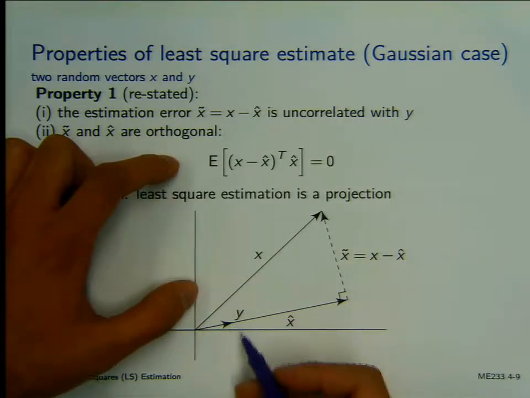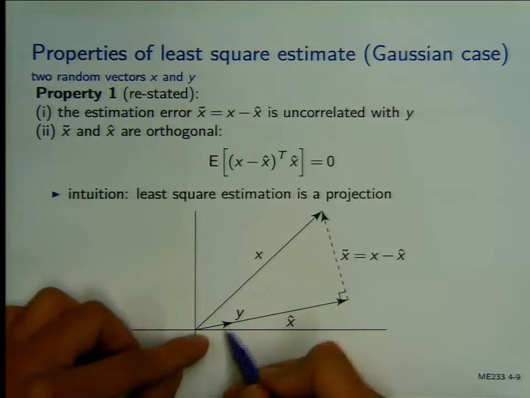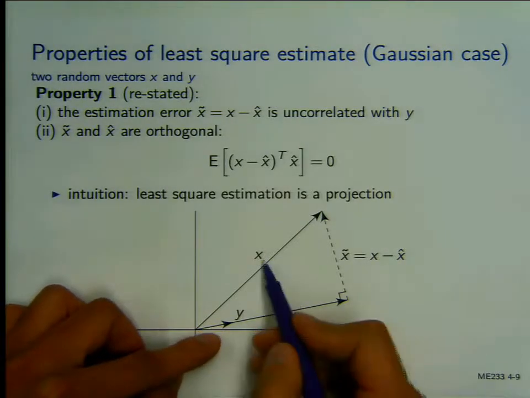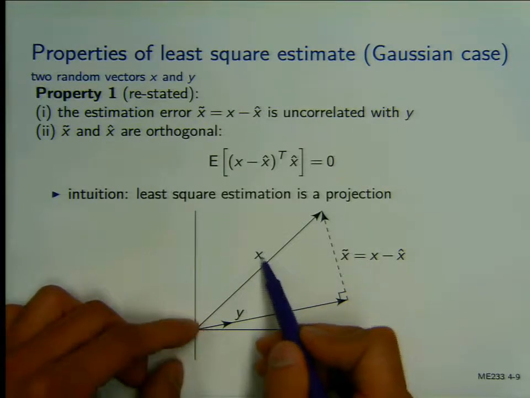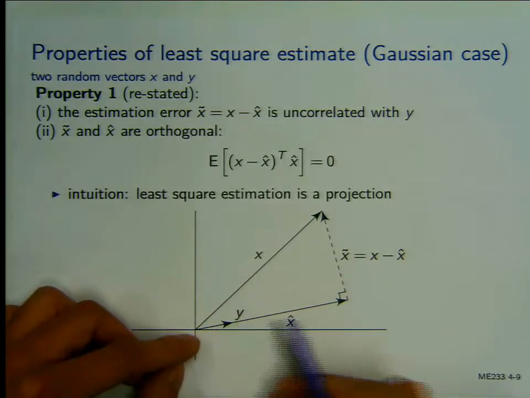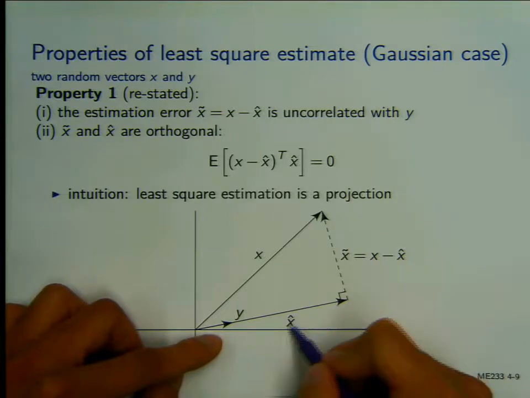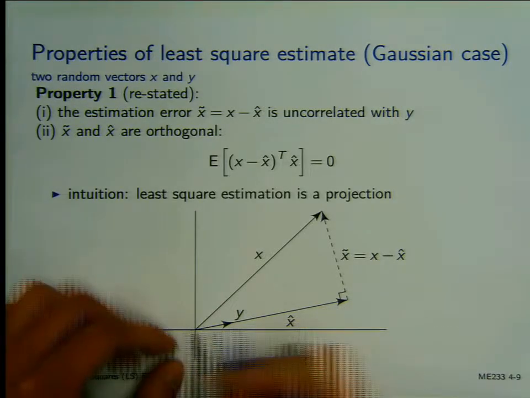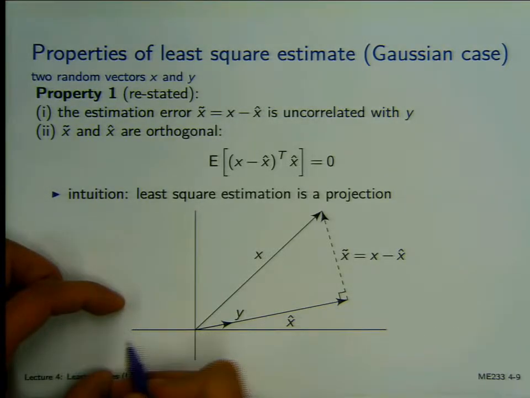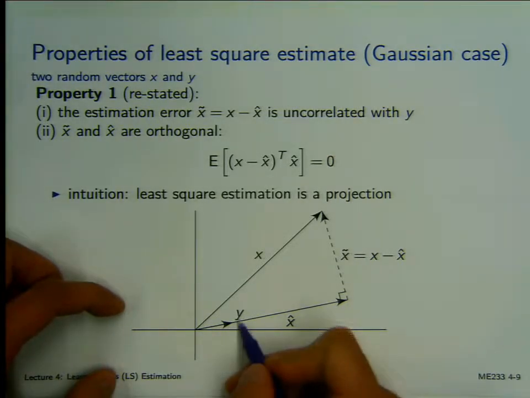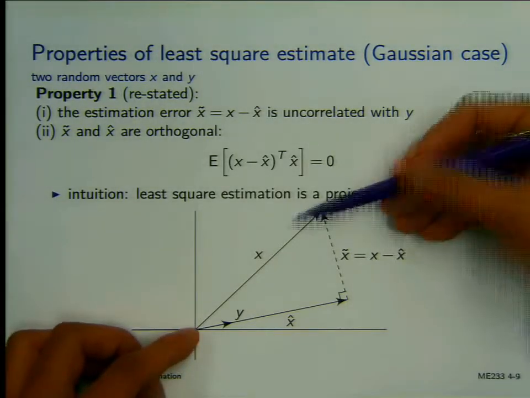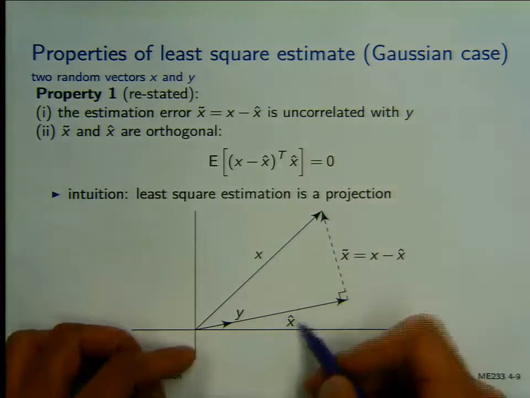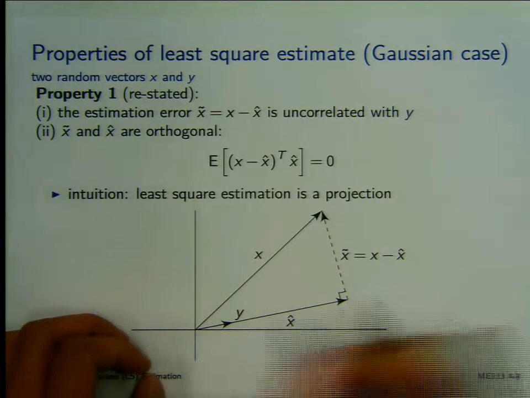Keep in mind that we have a measurement of y. We don't have a direct measurement of x. So we can only estimate x using information of y. That's why the x hat vector is going to be aligned with this y vector. This is the idea of using information of y to estimate x. Now, what will be the best estimate of x if x hat is constrained to be on this line?